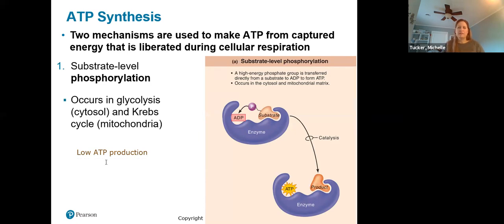You're basically breaking something, some energy is released, and you'll make some ATP. Oxidative phosphorylation is where we capture some energy in electrons, and it is going to go down the cascade. Substrate level phosphorylation occurs in glycolysis in the cytosol and in the Krebs cycle in the mitochondria.